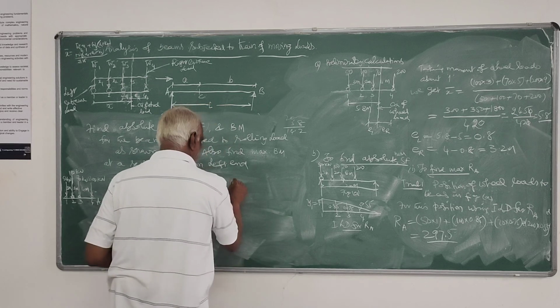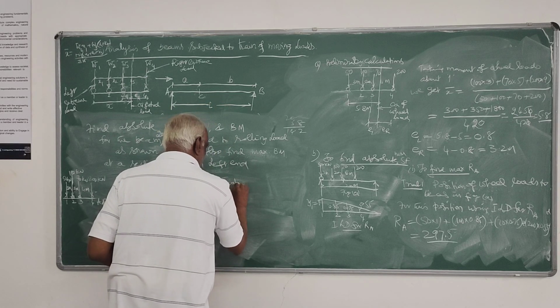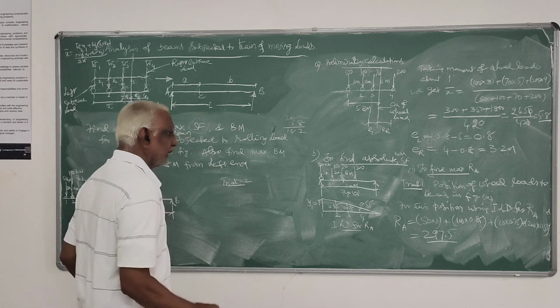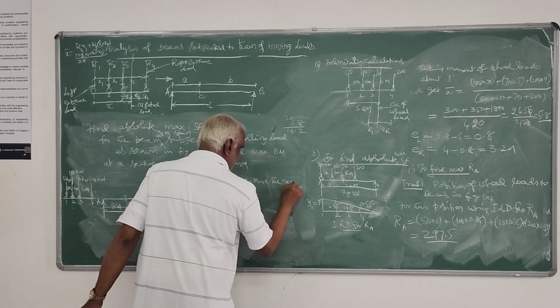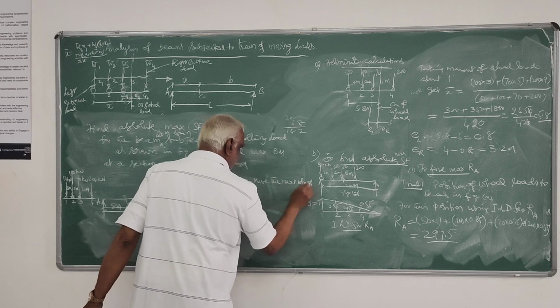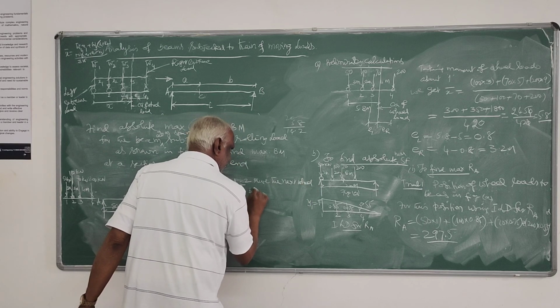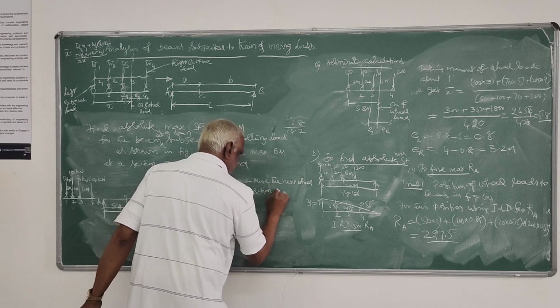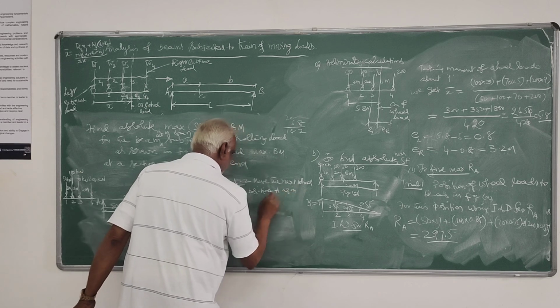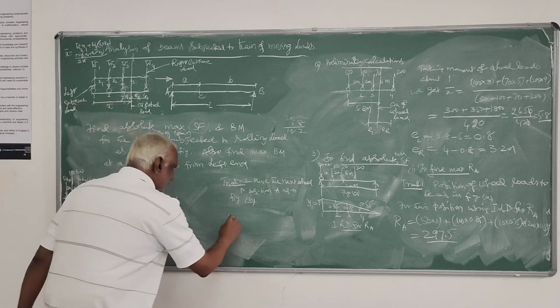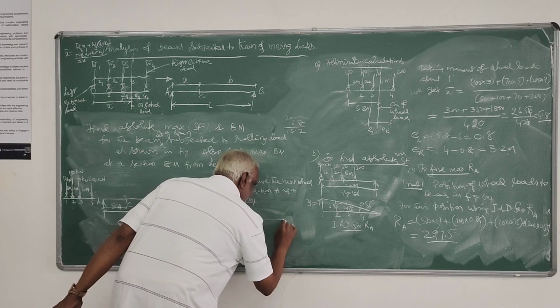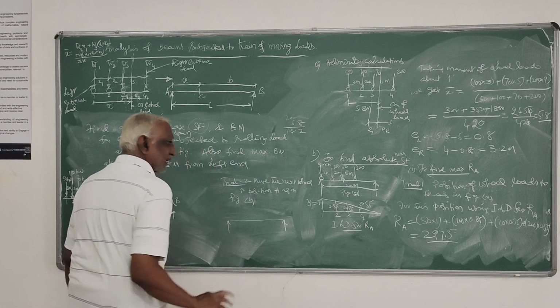Next, trial 2. So next, move the next load B to position A as in figure B. I will draw another figure. This is the only calculation you have to make, nothing other than that.